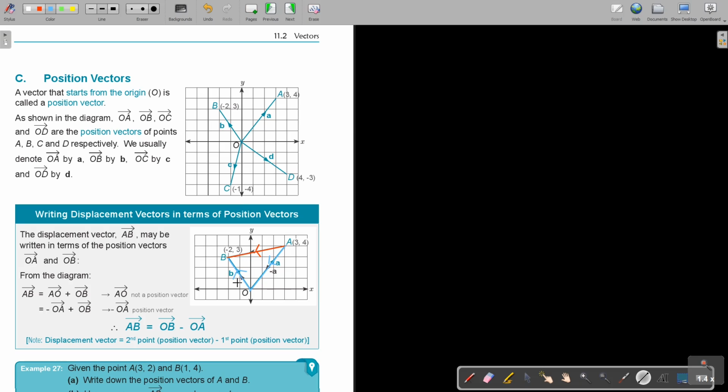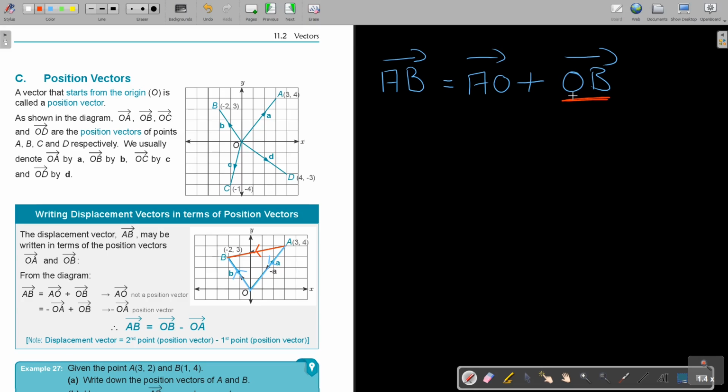Do you see there? So basically, look what I write here. AB, and that is going to be AO plus OB. But be careful. This is a position vector because it starts with O. This is not, but I can make it one if I make it a minus. Do you see?